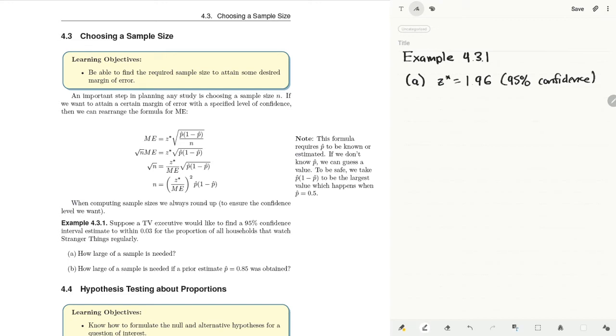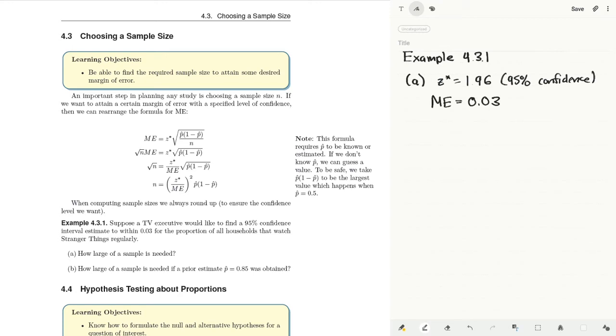Now we want the confidence interval estimate to be within 0.03. And so this tells us that the margin of error is equal to 0.03. And the last thing that we need is p hat.